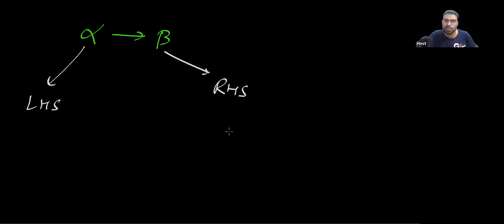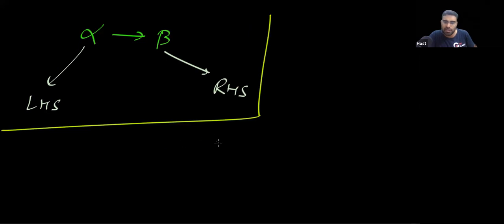Remember, if you have this functional dependency, then this alpha will be called LHS and this beta will be called RHS. Is this clear? Now tell me, if I give you this functional dependency, who is LHS?